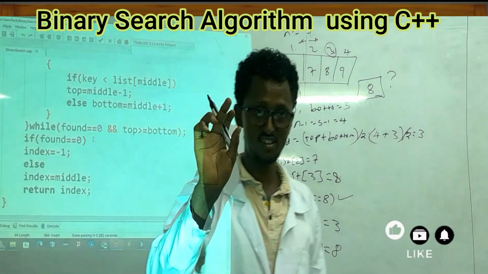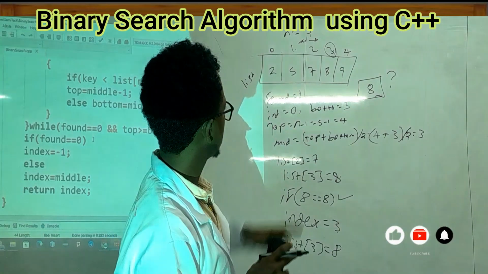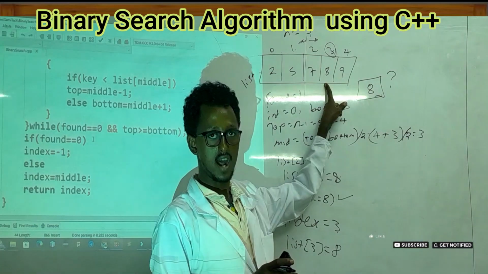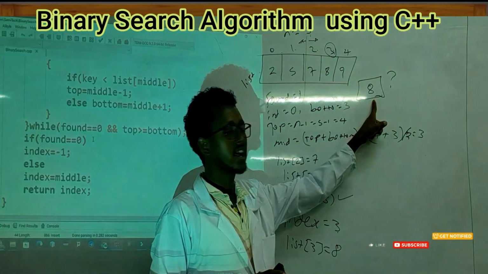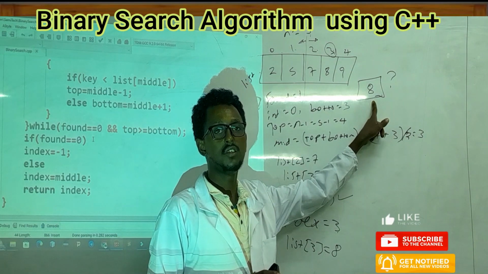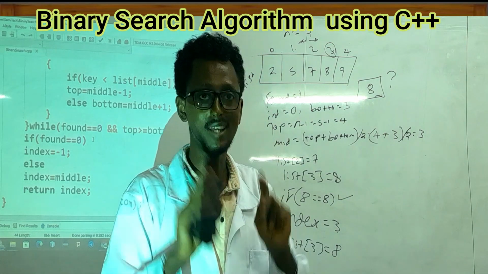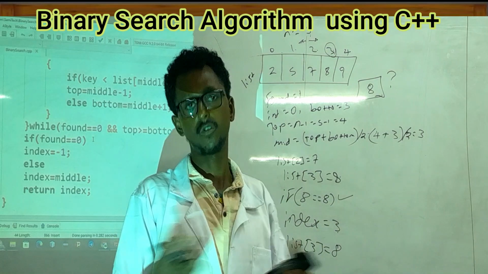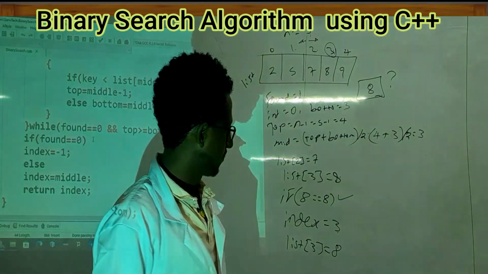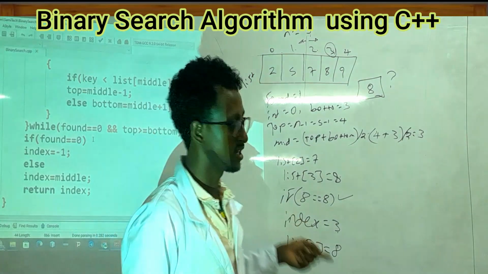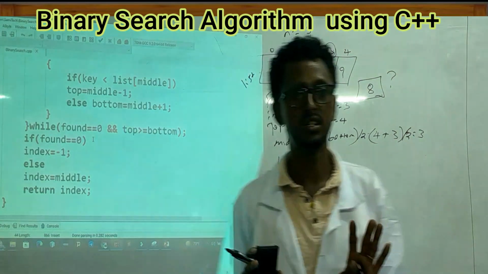Therefore, at the third index of the list or array, our required target key, which is 8, is found. This is how the binary search algorithm is implemented. Good.